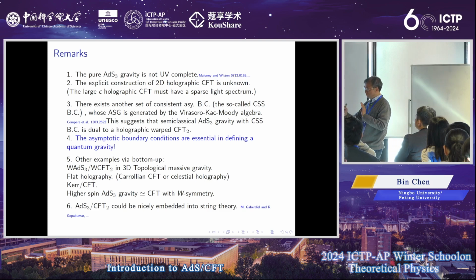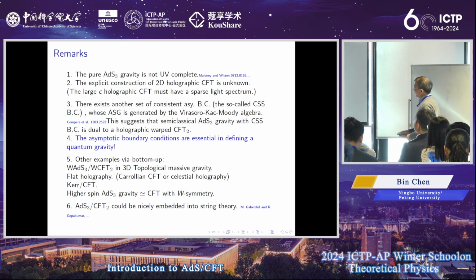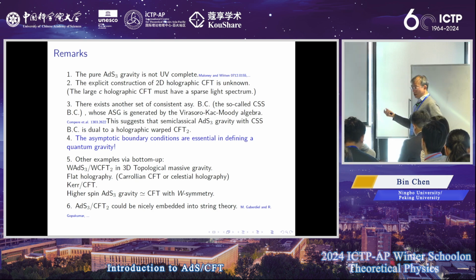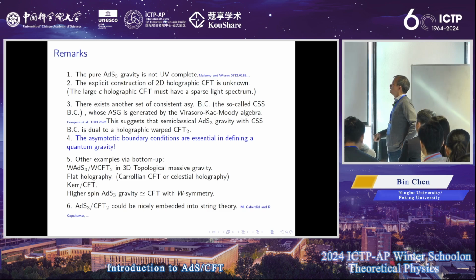Yeah, and here I want to emphasize that the asymptotic boundary conditions are essential in defining a quantum gravity. This is a very important lesson from the setup of the AdS/CFT correspondence.